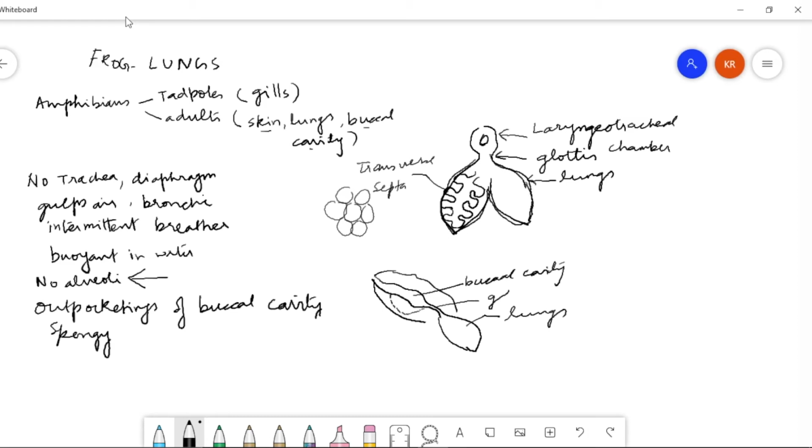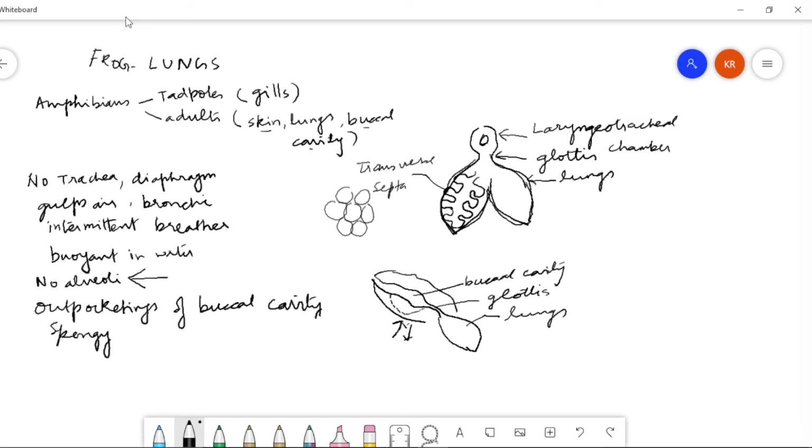This place will be the glottis. So here at this lower end there are lots of muscles. The muscles come from the hyoid apparatus, and this can go down and this can go up. So that is why I have shown these dotted lines.